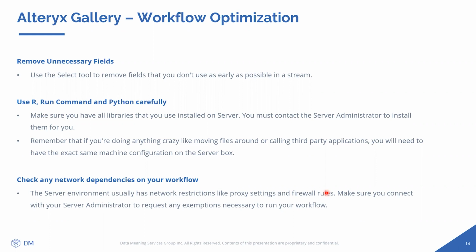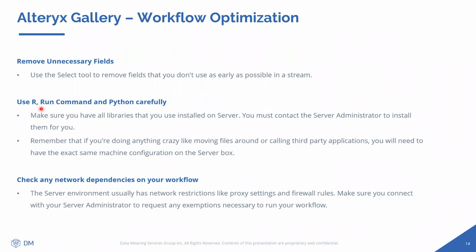The first tool that you add right after the input data tool should be the select tool, to already remove any fields that you don't need. And also use the filter to remove records that you don't need. If you remove all the unnecessary data, that will speed up the processing time of every workflow.